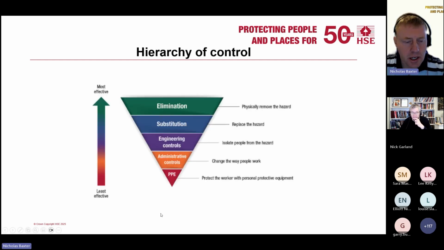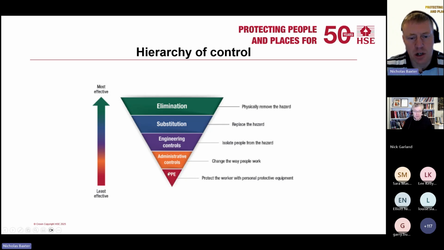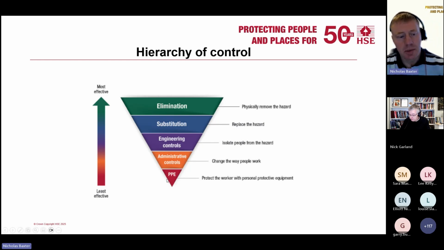What we also need to consider is that the protection offered by the RPE sits in the hierarchy of control. One of the things to argue about the UK is that we have much lower assigned protection factors, and in my opinion that's in a good way, because we err on the side of caution. So effectively what we're trying to do is make sure all the other controls that we put in place are much more stringent, whether that's things like wet stripping or administrative controls to administer more training, more supervision, those types of things.